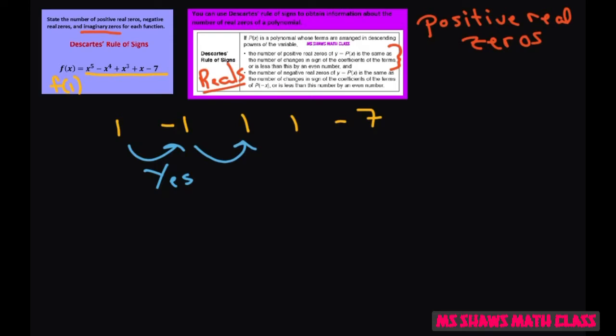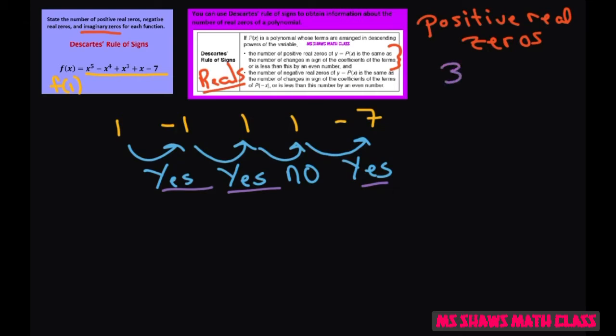From negative 1 to 1, that's a sign change. From 1 to 1, that's not a sign change. And from 1 to negative 7, that is a sign change. So we have 3 yeses. That means 3 sign changes, or it is less than this by an even number, so 3 or 1.